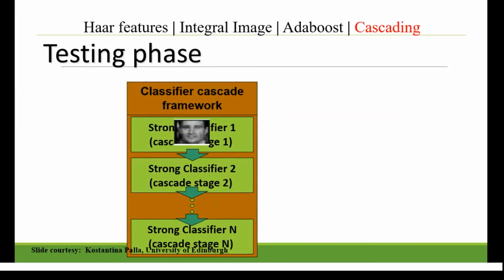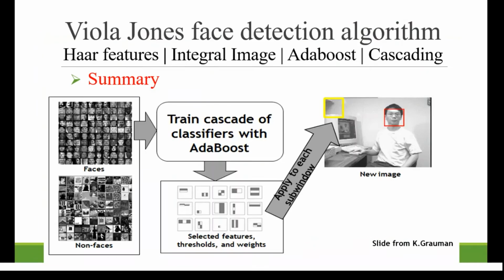It would either be accepted into stage 2 or be rejected, saying that it does not have an object. For example, this one identified a face. So in summary, we train a cascade of classifiers, AdaBoost is used, and then it is applied to each window.